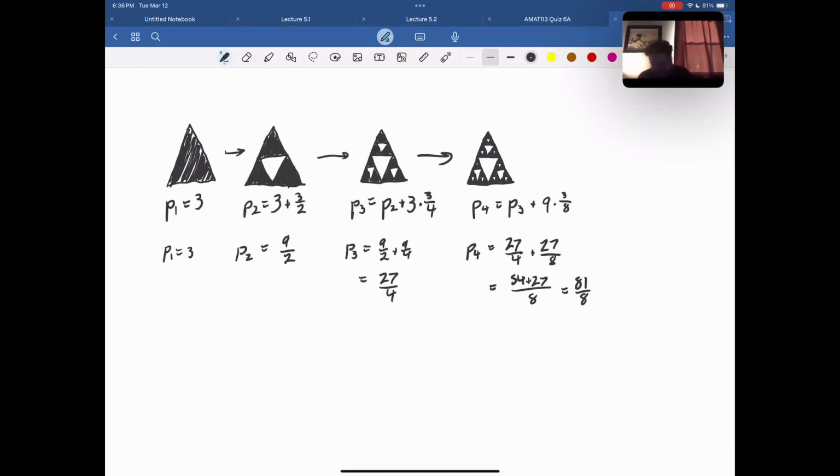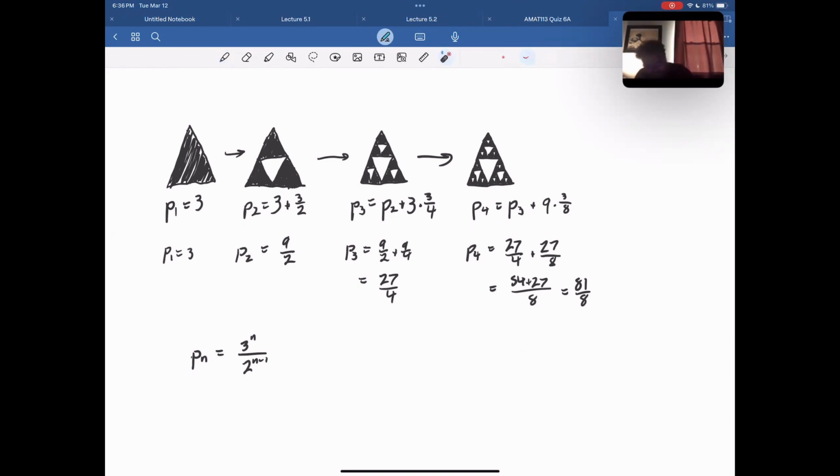And in fact, if we kind of suss it out, and after doing a little bit of analysis, we see that in general, Pn, the perimeter for the nth Sierpinski term, is going to be 3 to the n over 2 to the n minus 1. Right? And that fits each one here, right?